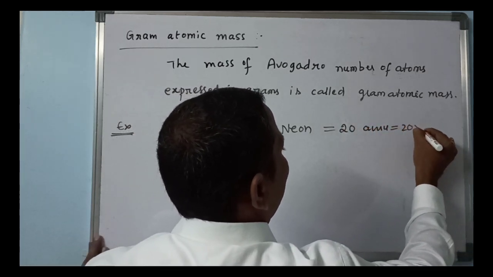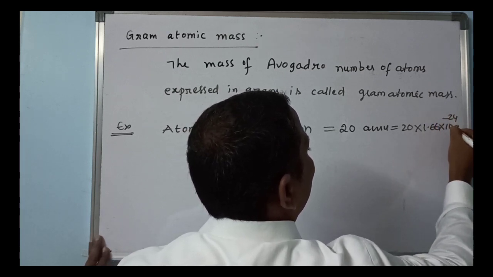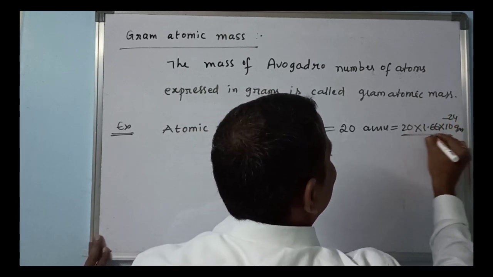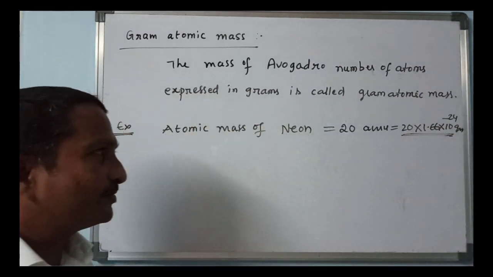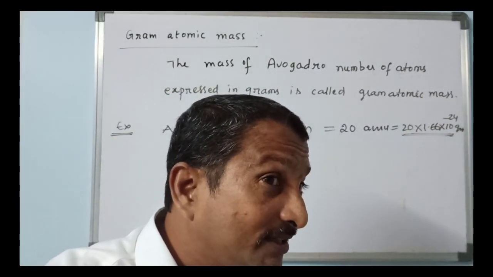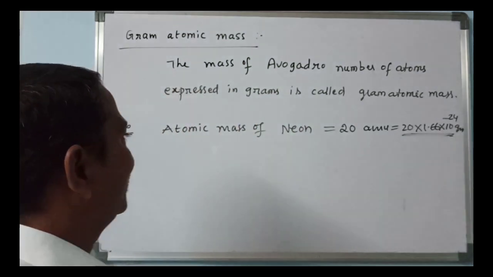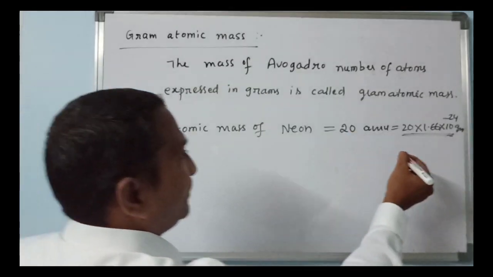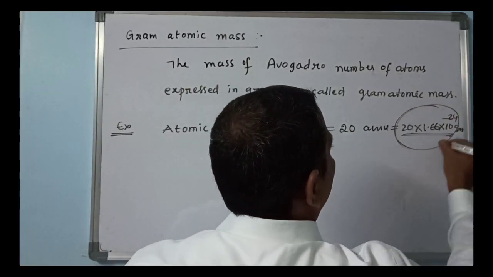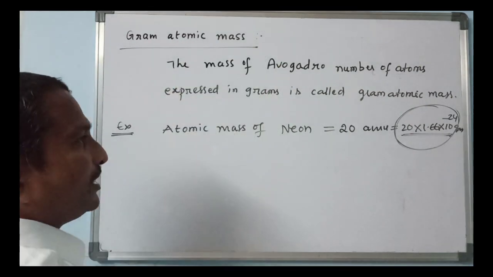That is nothing but 20 into 1.66 into 10 power minus 24 grams. So it is a smaller value. That's why it should be converted into gram atomic mass. How can we convert this value into gram atomic mass? By simply multiplying with Avogadro number.